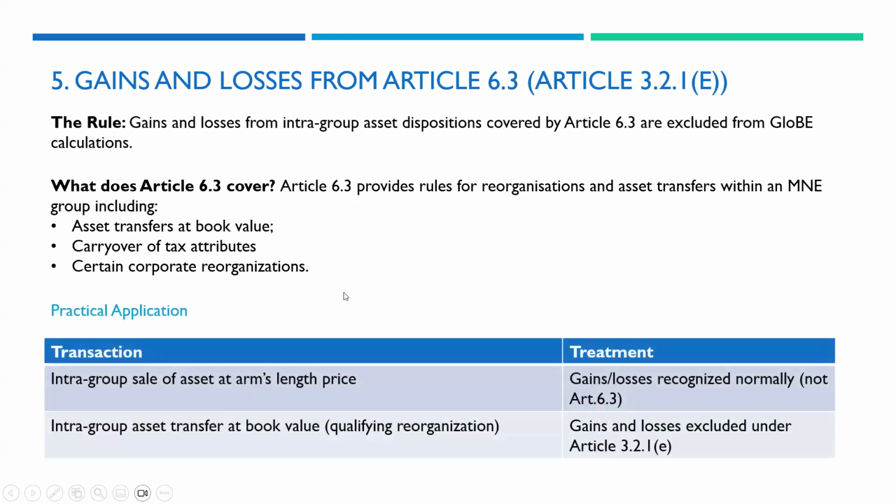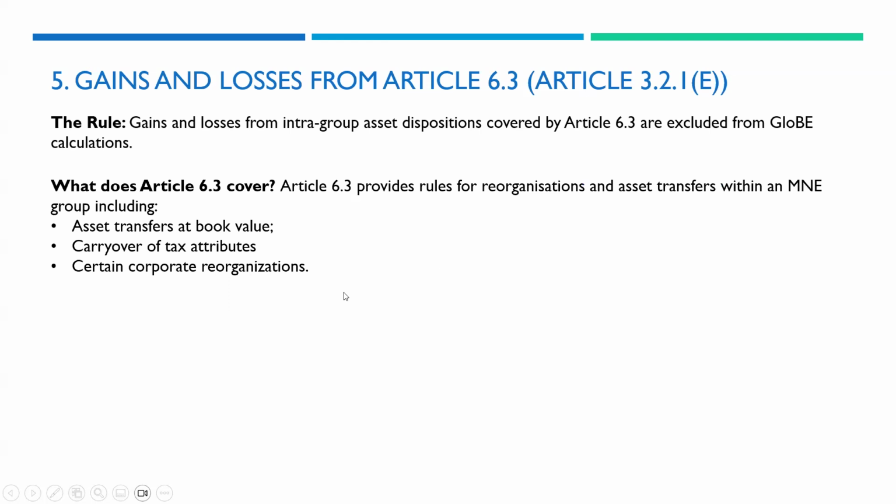So, what is this basically? What is this 6.3 in terms of our domestic taxes? Asset transfers at book value or certain corporate reorganizations.